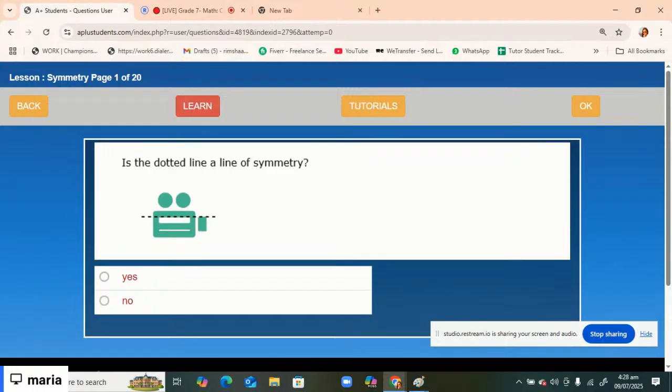I already told you, in symmetry the shape should be divided into halves, or you can say into two identical parts. So is the dotted line a line of symmetry? No, it's not, because it cannot be divided into two equal halves.